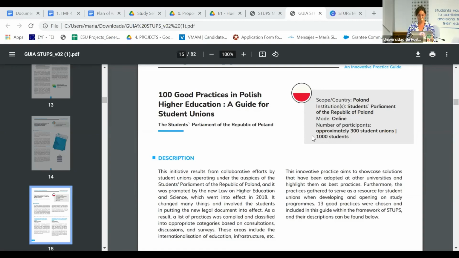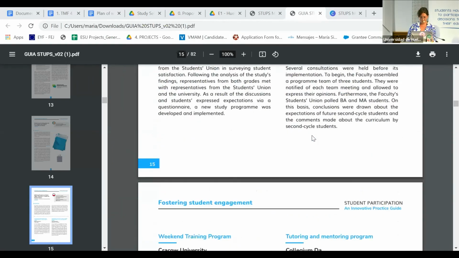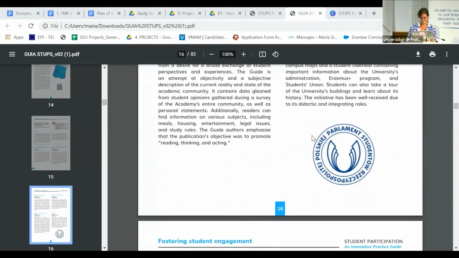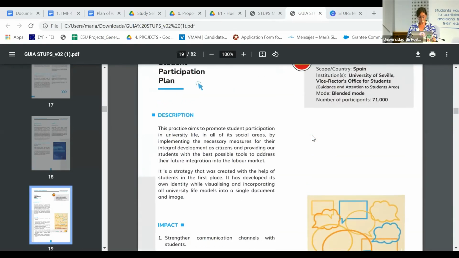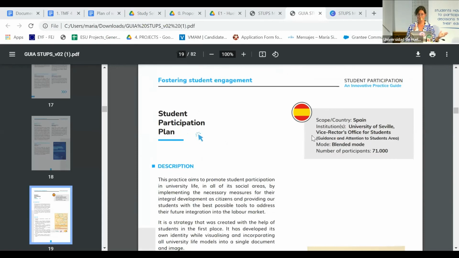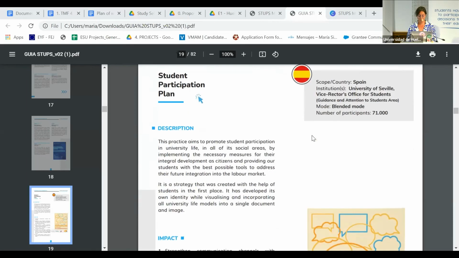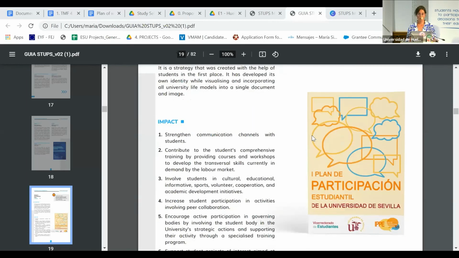You will see that there is a part of the practices that is focused not only on the description but also on what the impact was. I mean, you have here, for example, 71,000 participants going to that practice itself, but what was the impact?